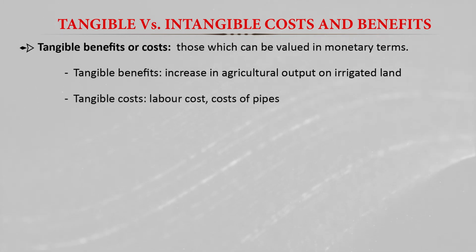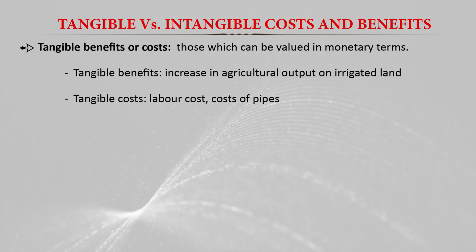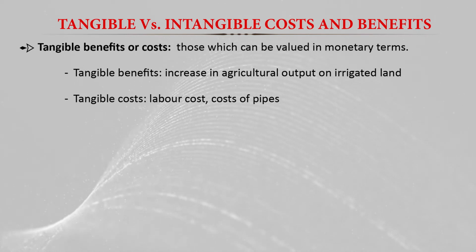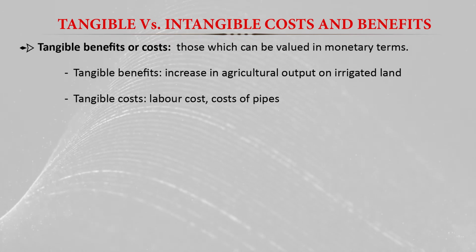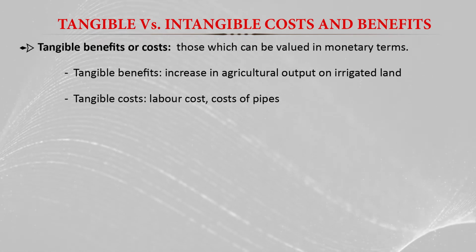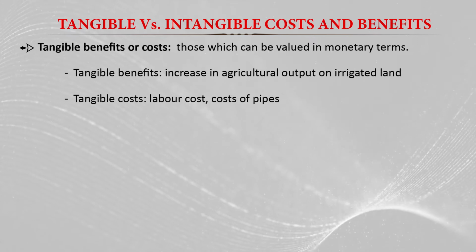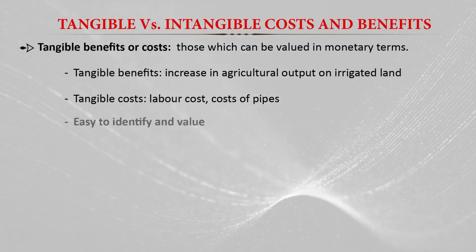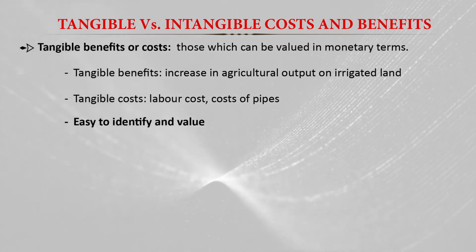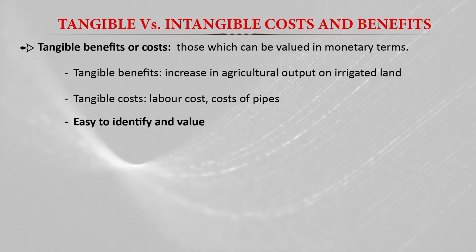In the case of tangible cost, like labor cost or cost of pipes in the irrigation dam project, we can easily identify and measure that labor cost or cost of pipe. So that is the tangible cost. This tangible cost and tangible benefit we can easily identify and value in monetary terms.